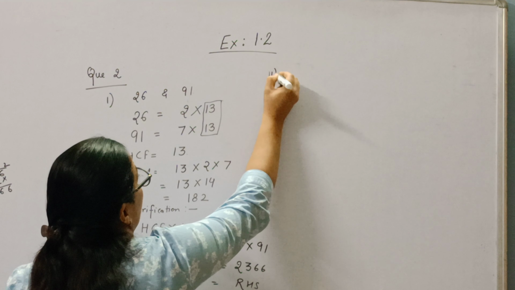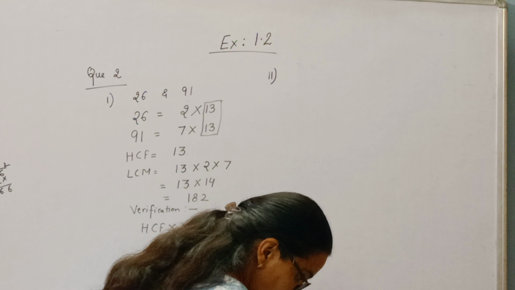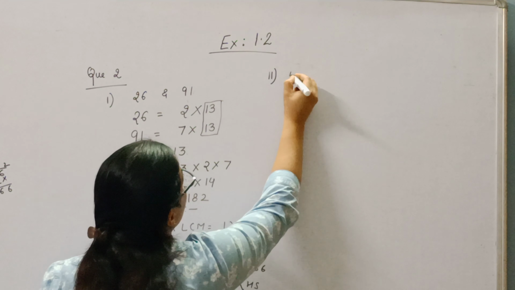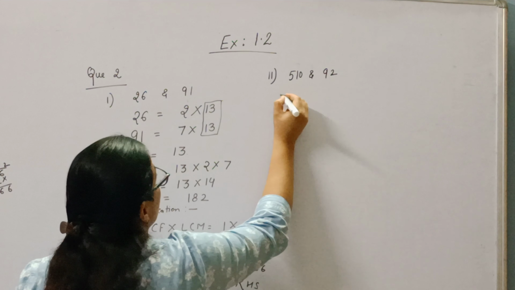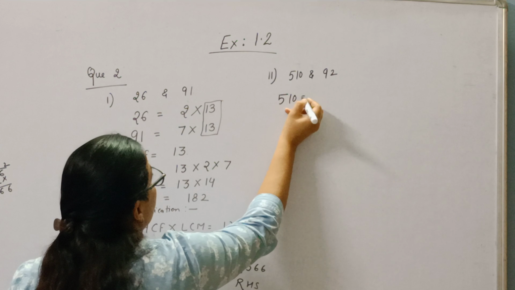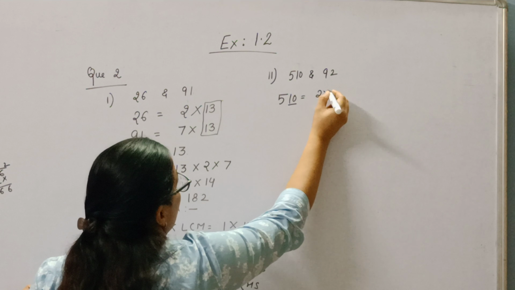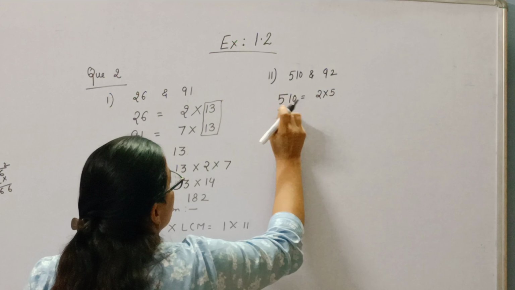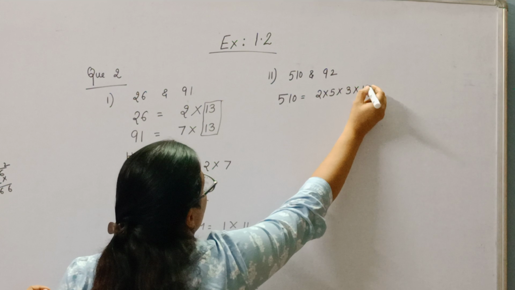Now, the second part. Second part is find the LCM and HCF of 510 and 92. So first of all find the factors of 510. We know 510 is 2 into 5 and then 51, which is 3 into 17.